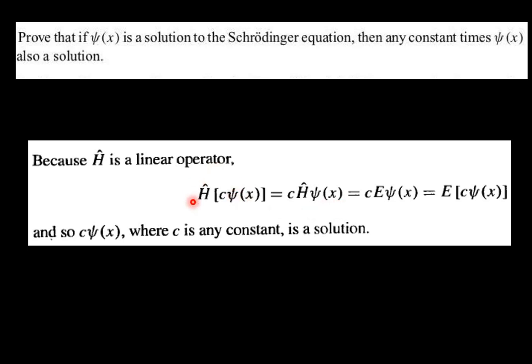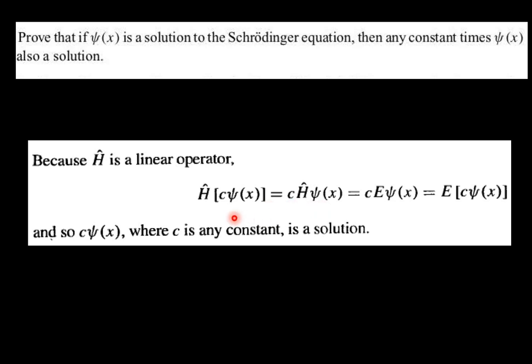So the constant comes out, where C is any arbitrary constant, and psi(x) is the eigenfunction of H. So H psi is E psi, and since C is a constant, we can take it out: E C psi(x), because E is a number and C is a number. But in the first case, since H is linear, we can write H C psi is C H psi. That is the point.